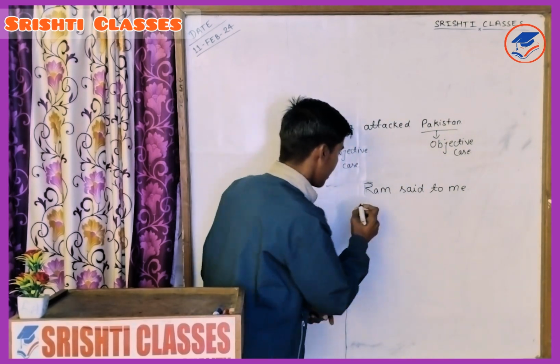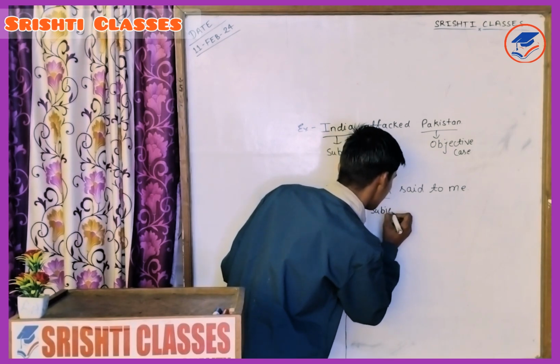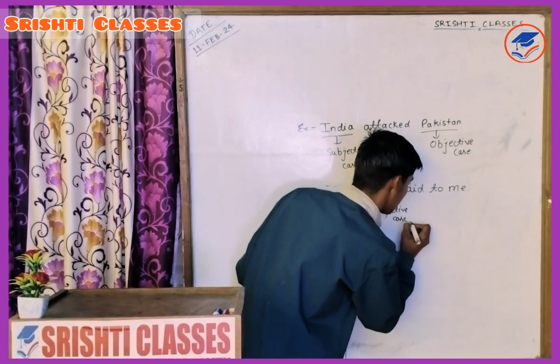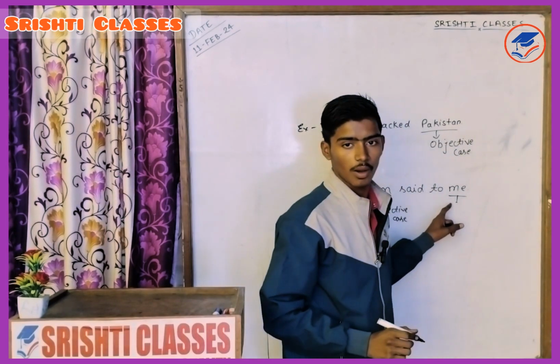Ram said to me. Here in this sentence, Ram is subjective case and me is used as objective case by changing the form.